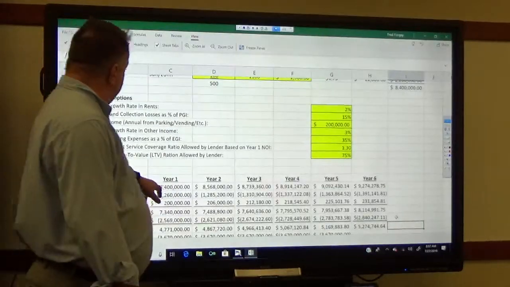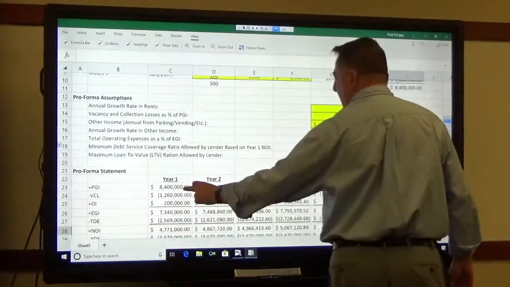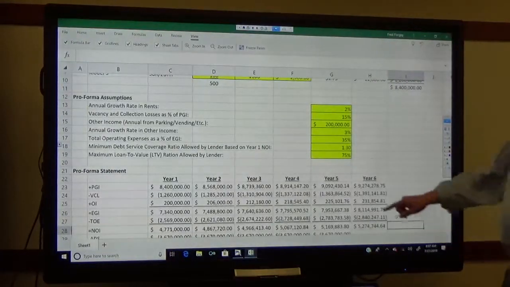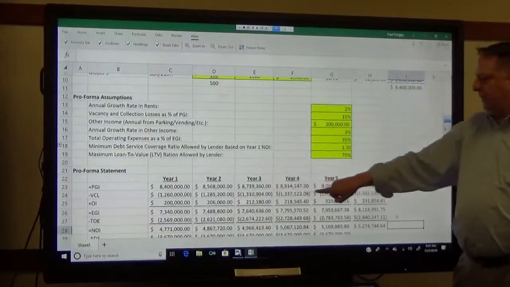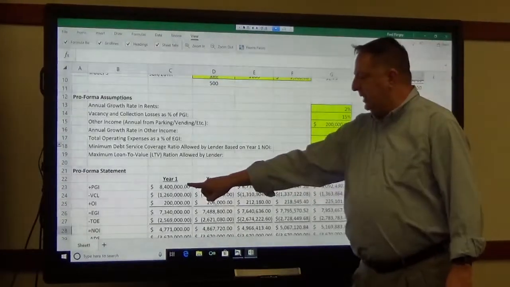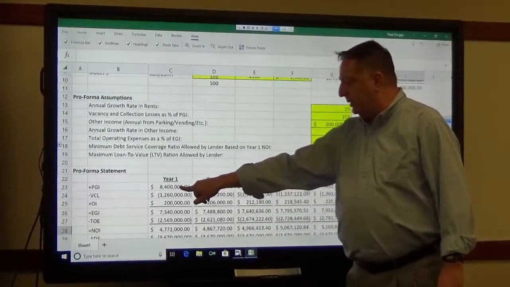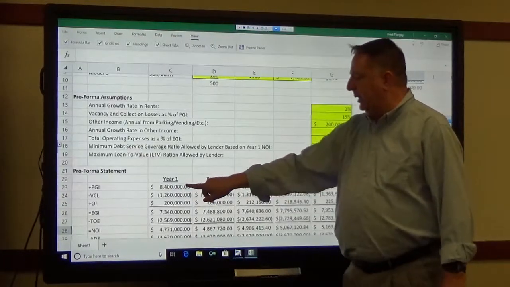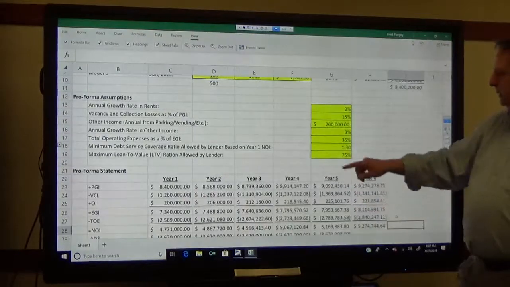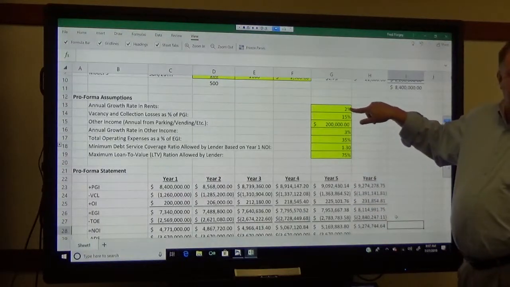All right, so once you've got that number, the 8.4 million, to then calculate forward any rental increases from one year to the next, all you're going to be doing is taking the previous year and multiplying it by 1 plus the growth rate, in this case 2%.